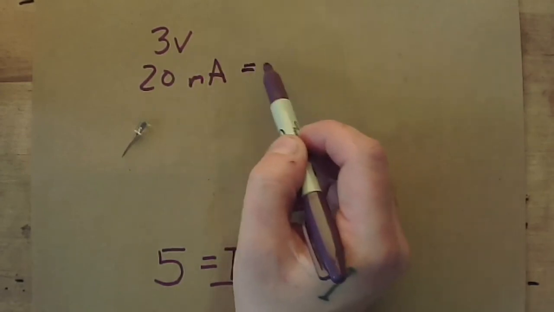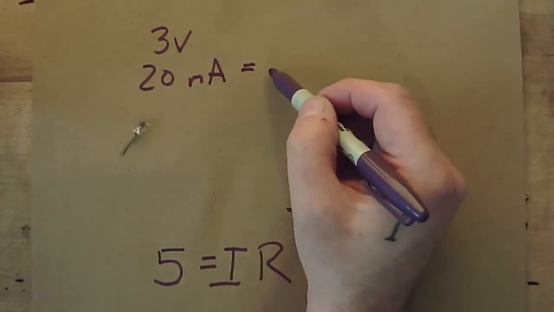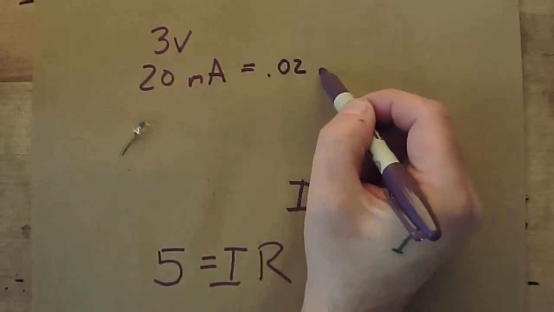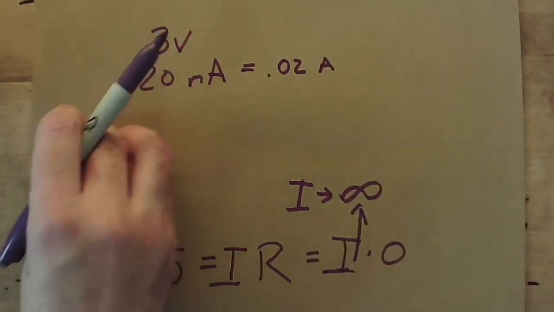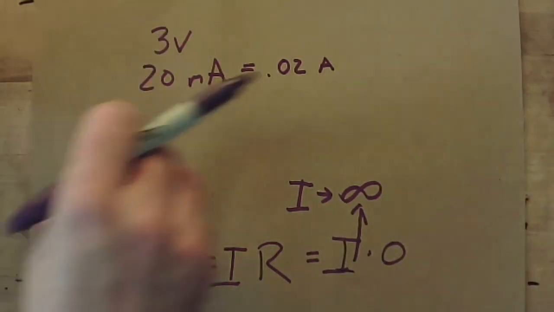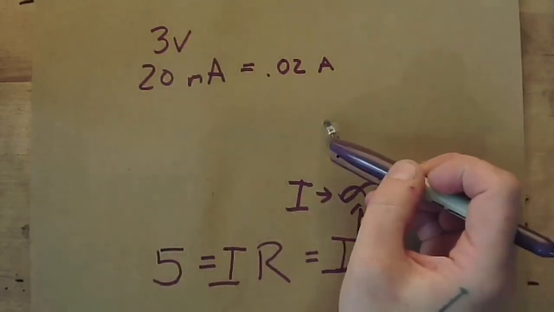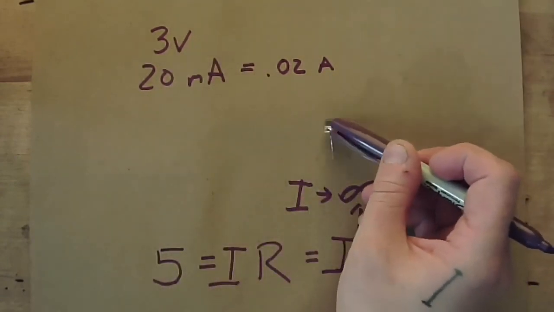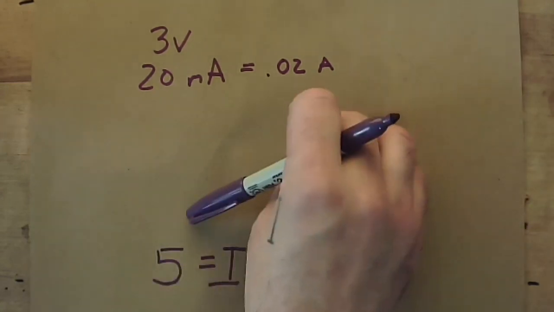So this is also equal to, if we move that decimal point 3 places over, 0.02 amps. And so this is the characteristic of the electricity that this LED wants to use.